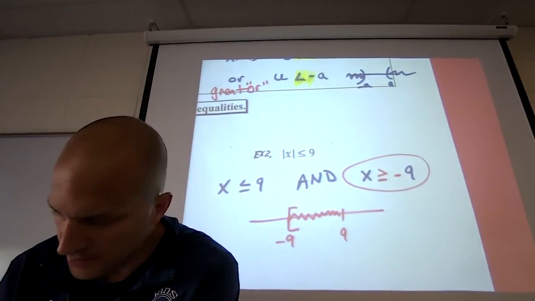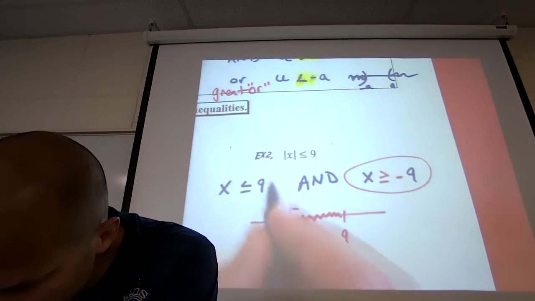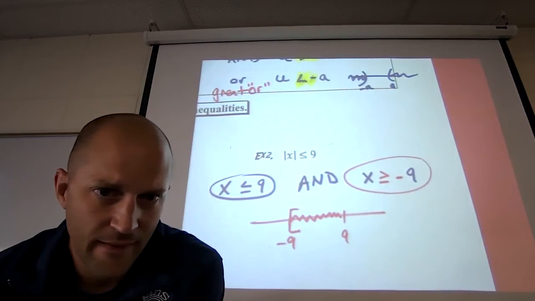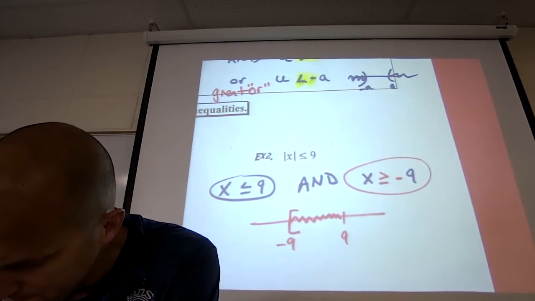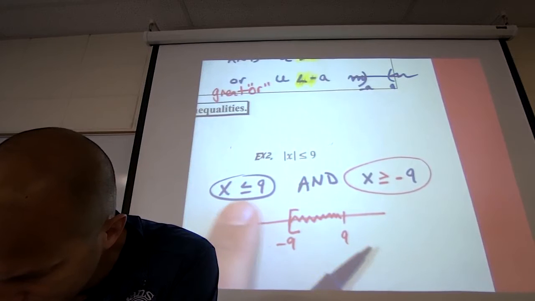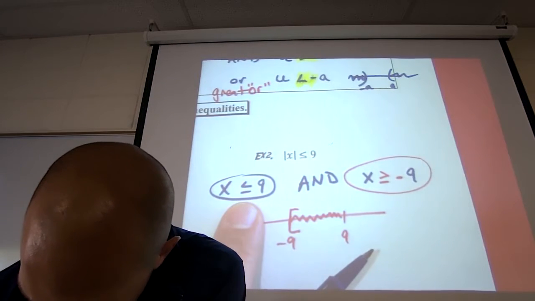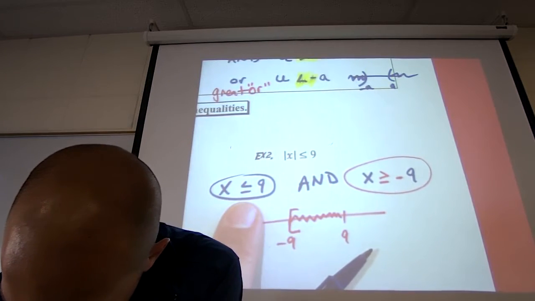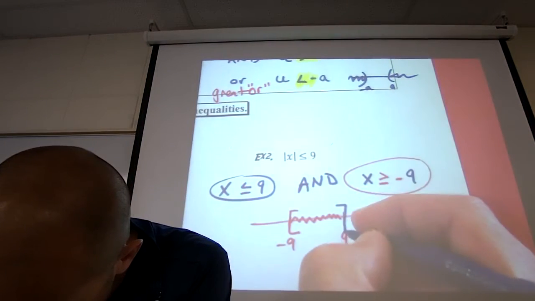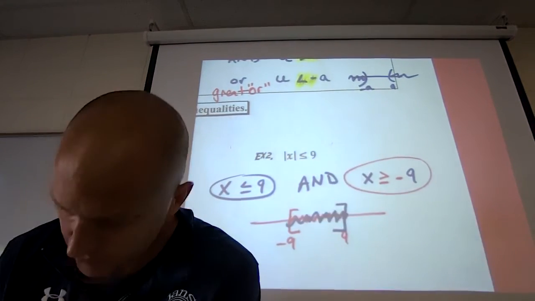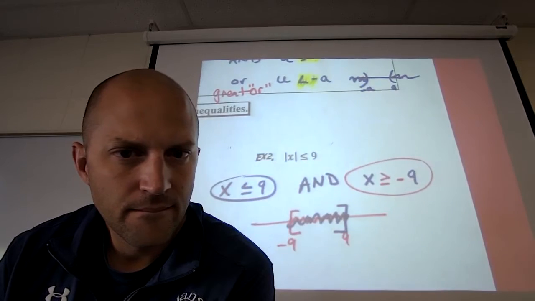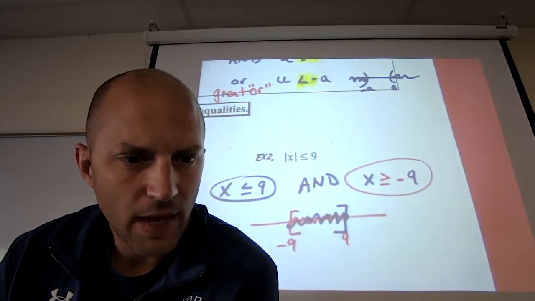And then I do the next one. Morgan, you got this one? X is less than or equal to 9? Fantastic. So I have a bracket to the left. That good?